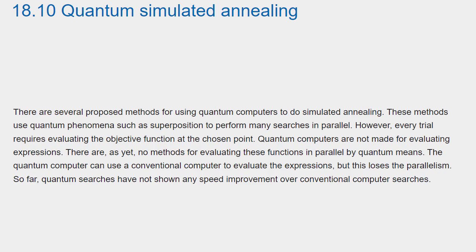Quantum computers are not made for evaluating expressions. There are, as yet, no methods for evaluating these functions in parallel by quantum means. The quantum computer can use a conventional computer to evaluate the expressions, but this loses the parallelism. So far, quantum searches have not shown any speed improvement over conventional computer searches.